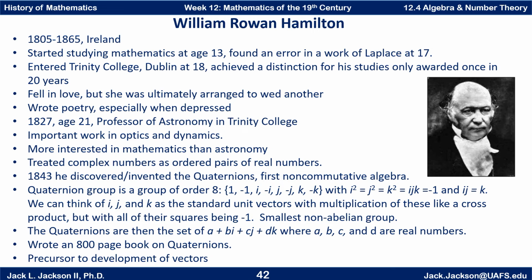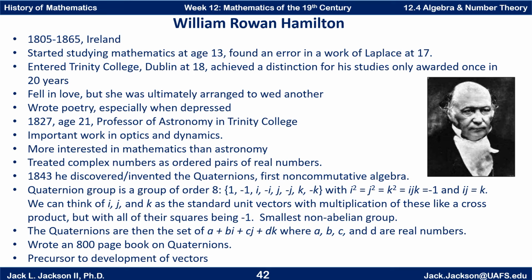Now, Hamilton's work predates vectors and the cross product, but squaring all of them was -1. And this turns out to be a group, and it's in fact the smallest non-abelian group. Meaning it's not commutative.